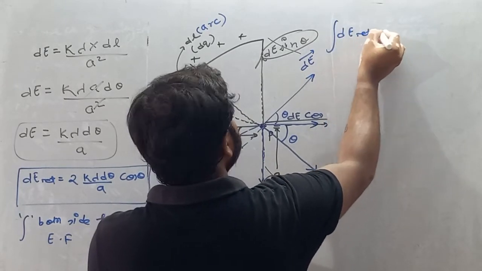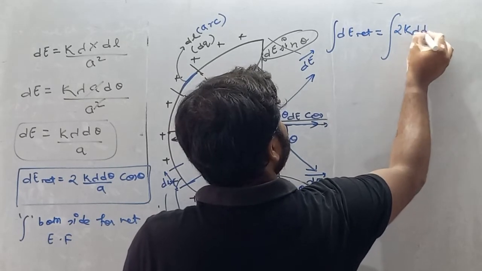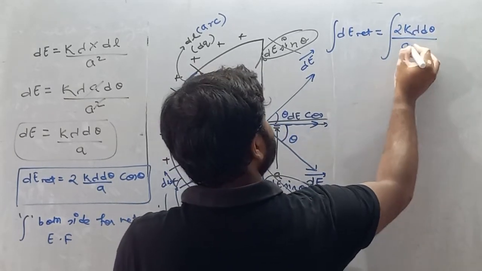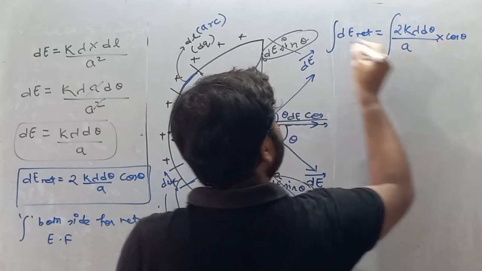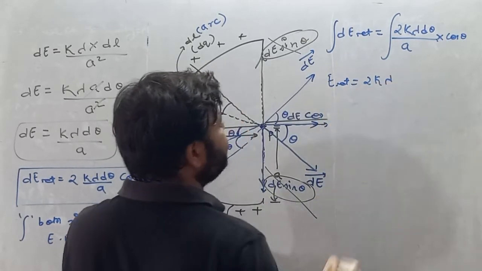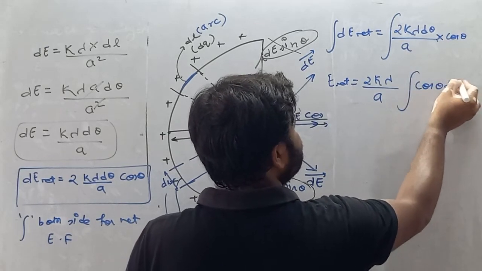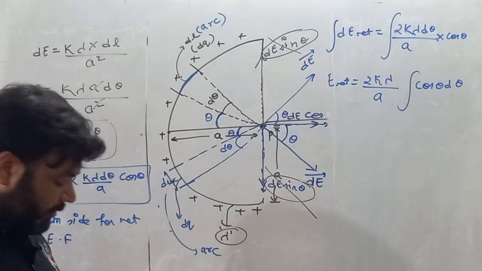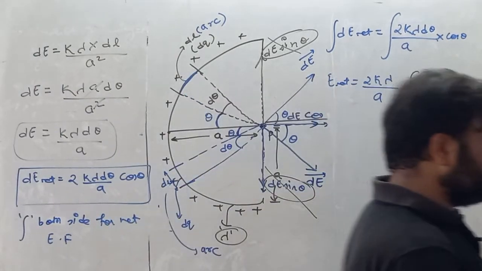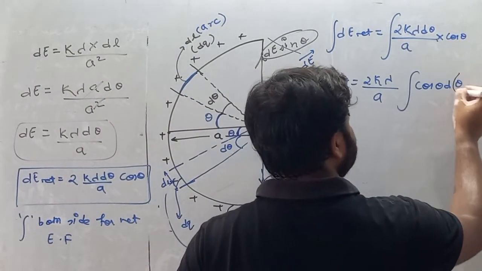The integration of dE net is equal to the integration of 2k lambda d theta over a into cos theta. Here 2 is constant, k is constant, lambda is constant, a is constant, and inside it is cos theta d theta. Now always we decide the limit by observing the last term, that is theta.